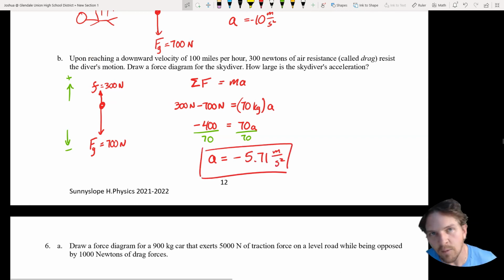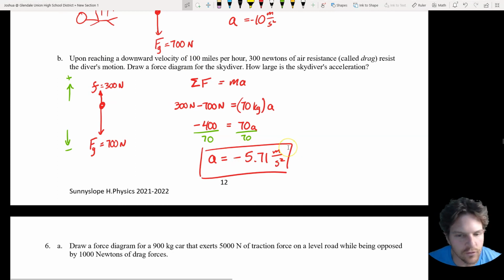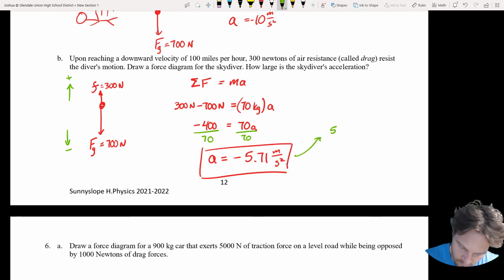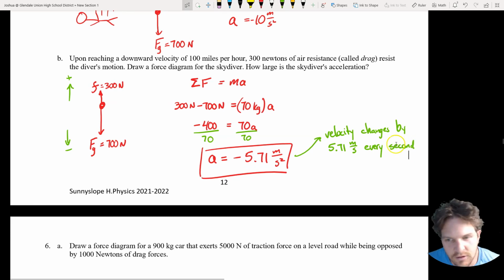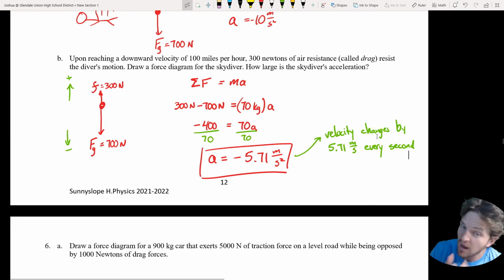All right, there are a couple pieces of information in this answer, so it's important for us to know. 5.71 meters per second squared means that the velocity changes 5.71 meters per second every second that the skydiver's moving.